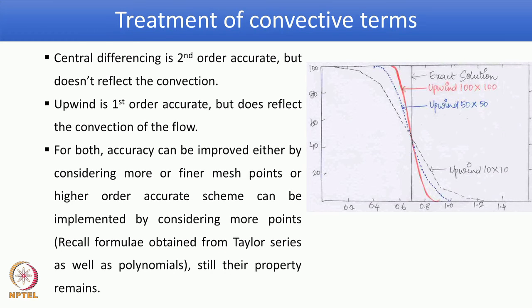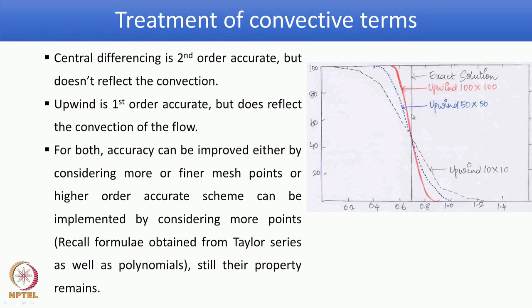So, you can increase the order of accuracy by considering more points. However, the property remains the same, that is, one reflects convection, the other does not, but the order is always higher.